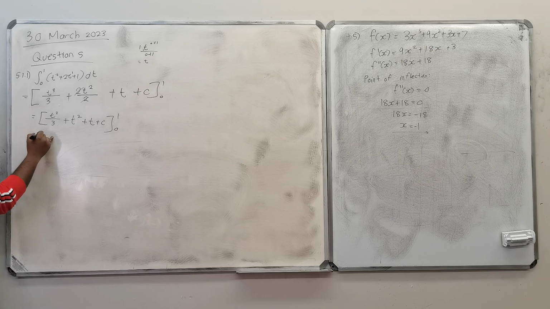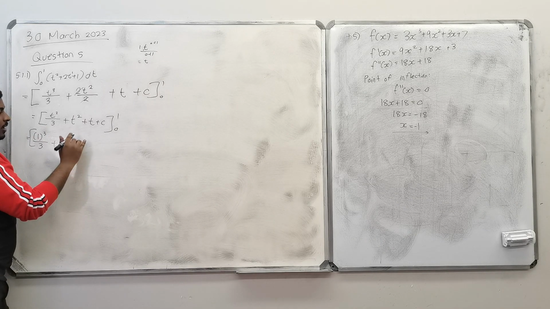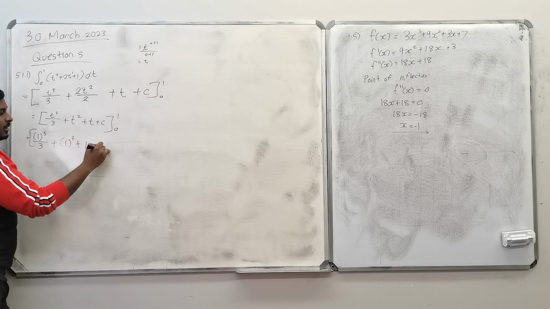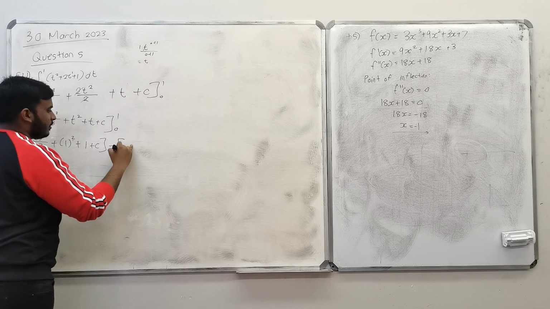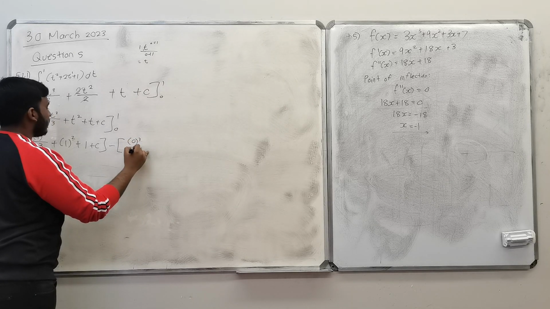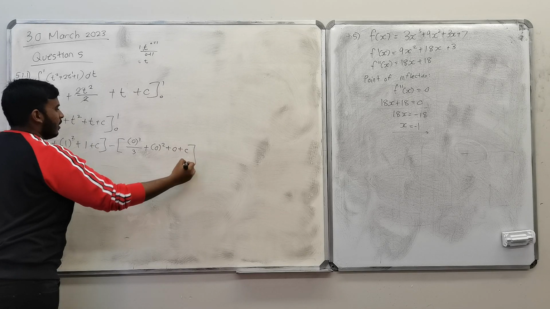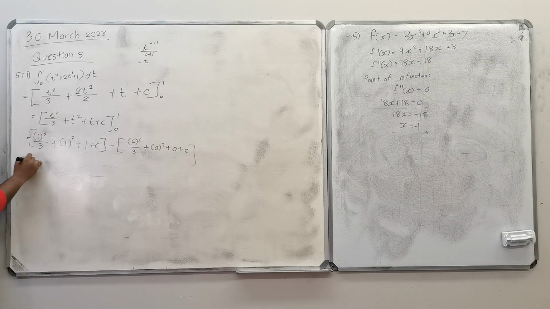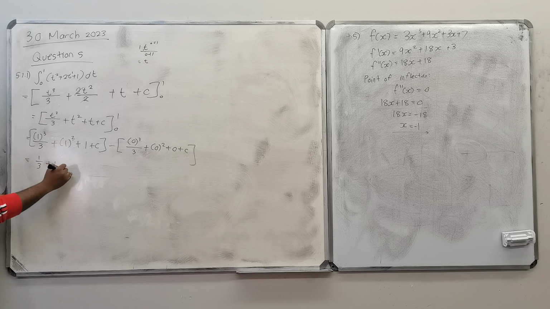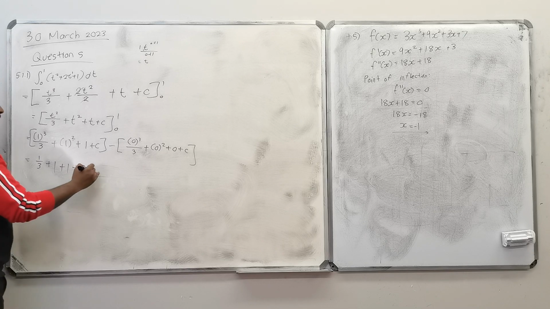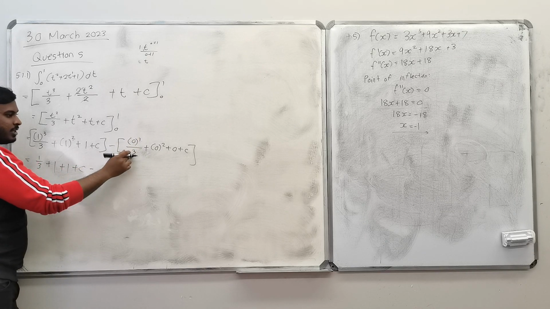So here you're going to end up with 1 cubed over 3 plus 1 squared plus 1 plus c, minus 0 cubed over 3 plus 0 squared plus 0 plus c. 1 cubed is 1, so that's 1 over 3. 1 squared is 1, plus 1, plus c, minus 0 cubed, which is 0.